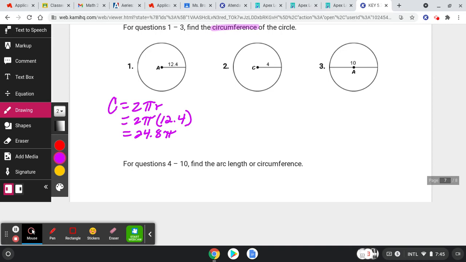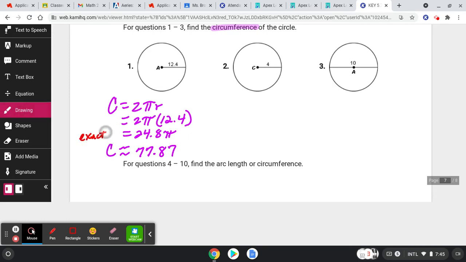But then if you take a calculator and multiply that, we're going to get that C is approximately 77.87. So I want you to give both an exact and an approximate answer if you can. The SAT will sometimes ask you for things in terms of pi, so we want to be prepared.